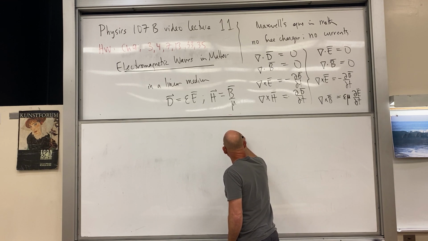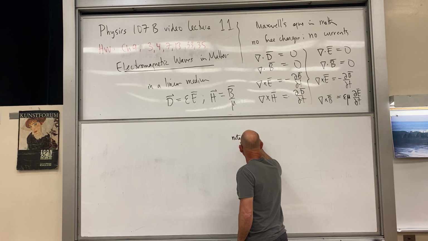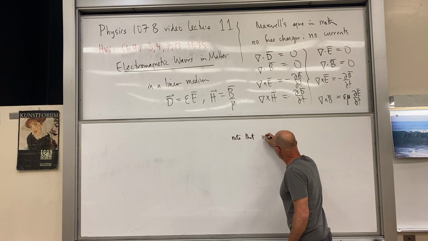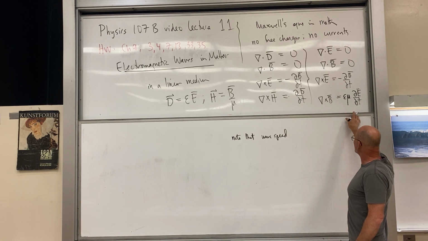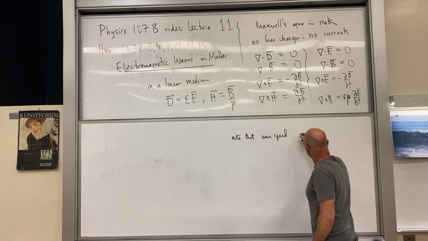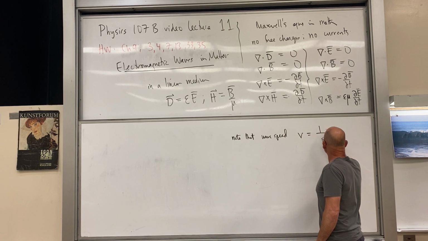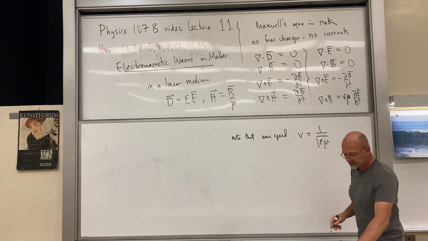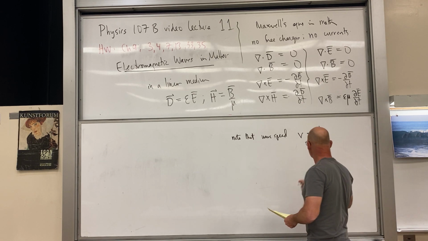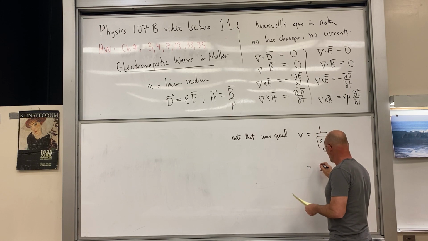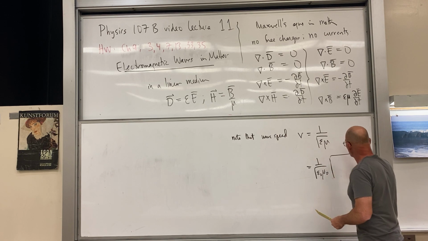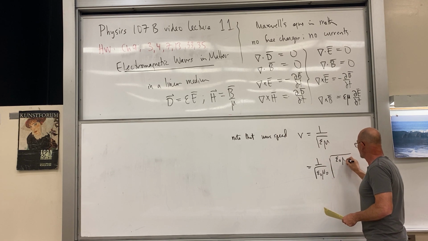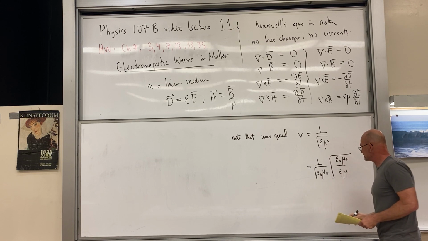Note that now our wave speed is no longer the speed of light in vacuum, but it has the same form, 1 over root epsilon mu. And we can expand that to 1 over root epsilon naught mu naught times root of epsilon naught mu naught over epsilon mu.